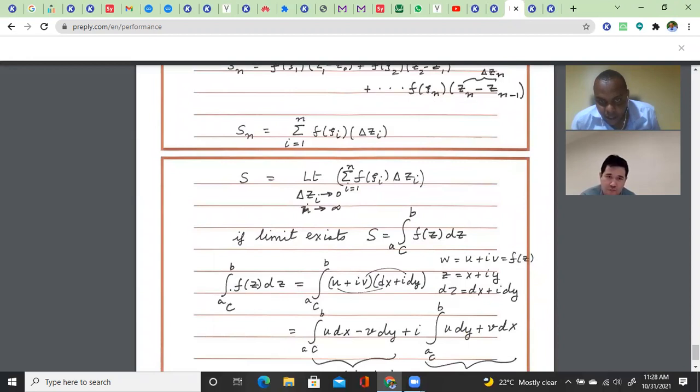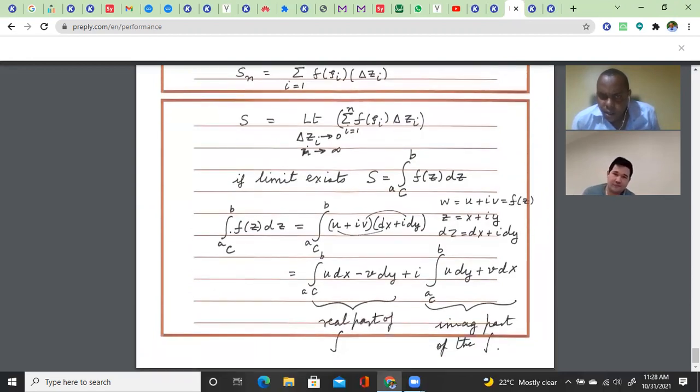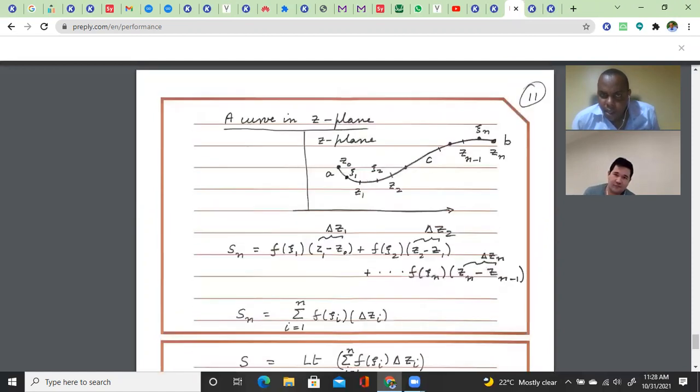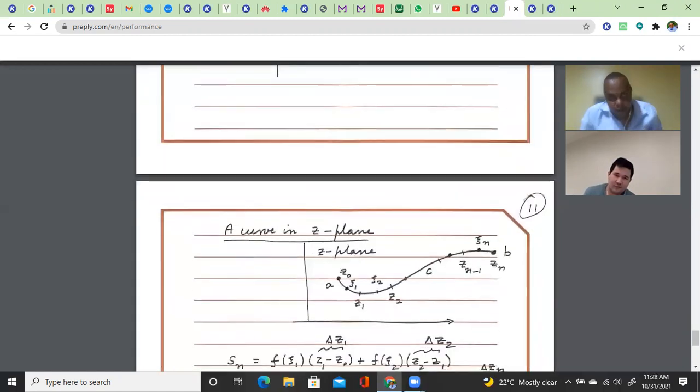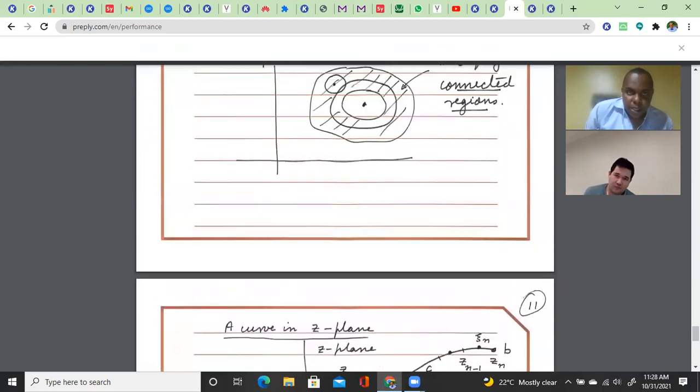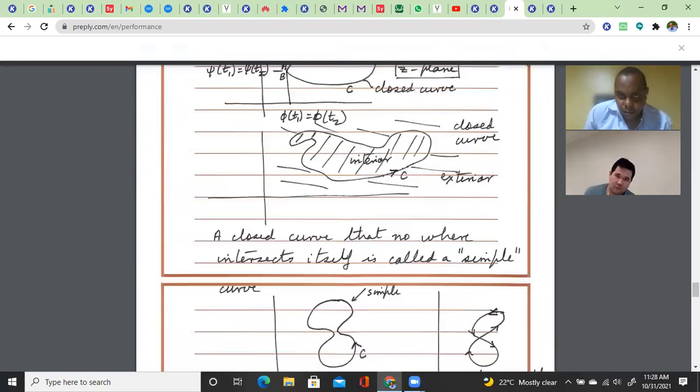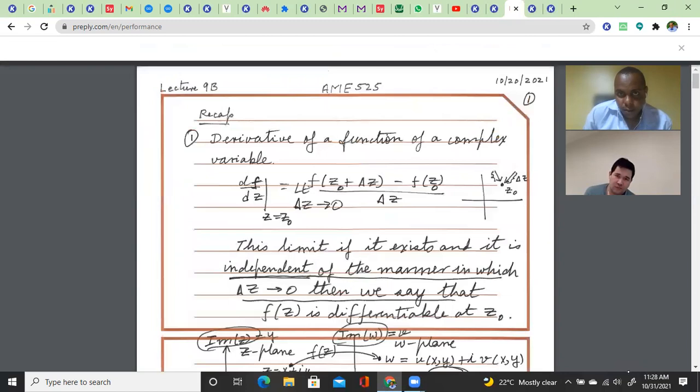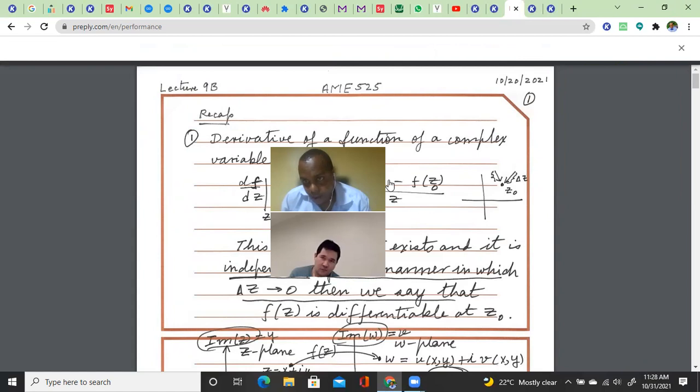Then he brings in integration from A to B of f(z) dz. I think he was just trying to show us the arc length. So that was 9b.